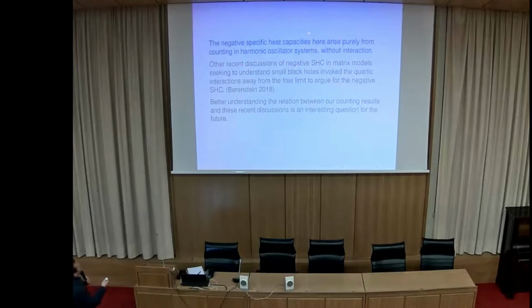So this heat capacity is arising purely from counting in harmonic oscillator systems, without interactions, and people have been discussing how do we get, in the 2 matrix model for example, negative specific heat capacity, and it was conjectured that maybe if you start with actions, this e to the k will get modified, and maybe the interactions will produce negative specific heat capacity, which is of course the right thing to look for small black holes, which is a very interesting phenomenon in the dual AdS.